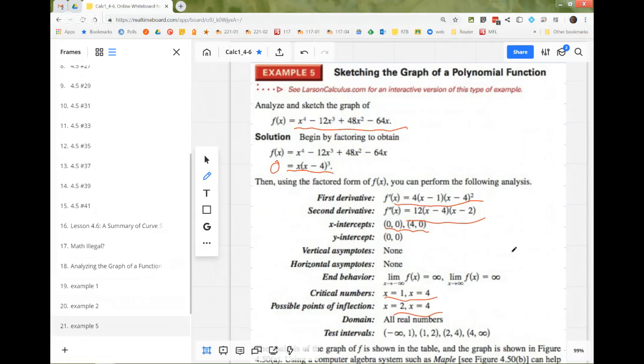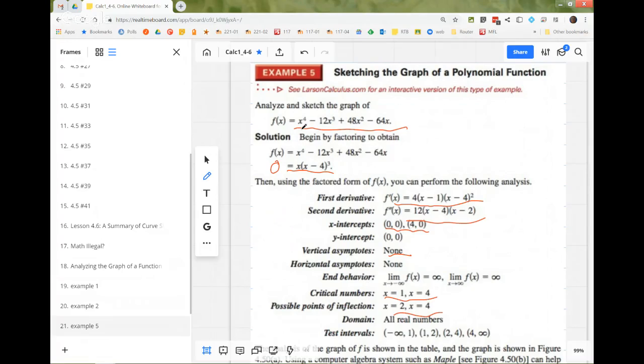Do we have any asymptotes this time? No. Why not? No vertical asymptotes because we're not even dividing by anything, are we? Nope. Horizontal asymptotes, in other words, what's the limit of this as x approaches infinity? It's going to go forever high, right?